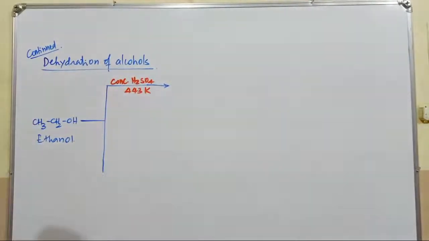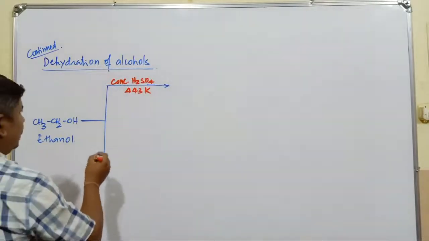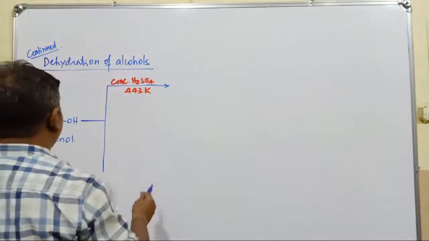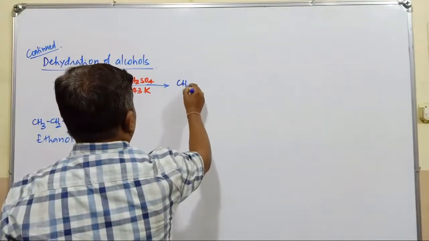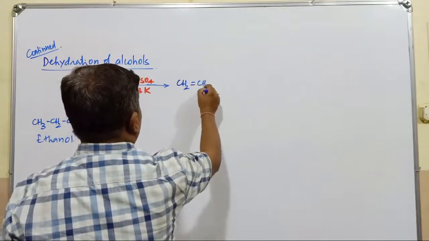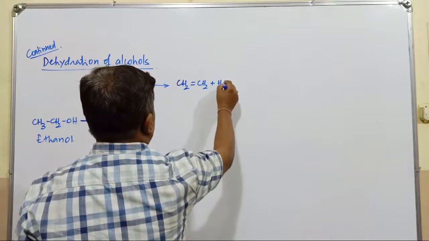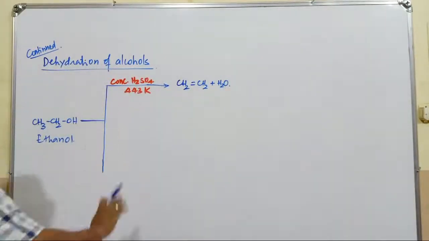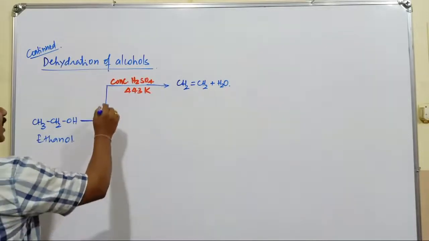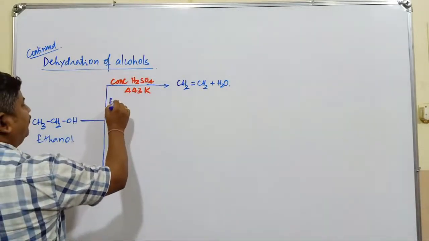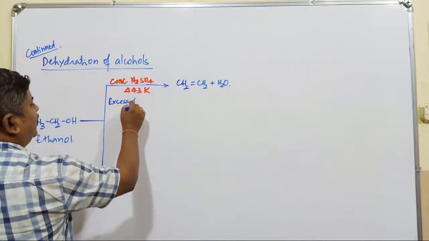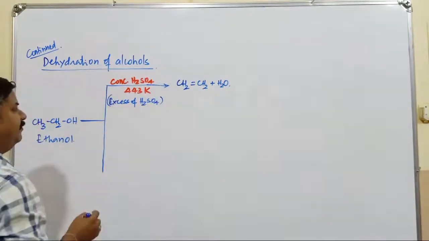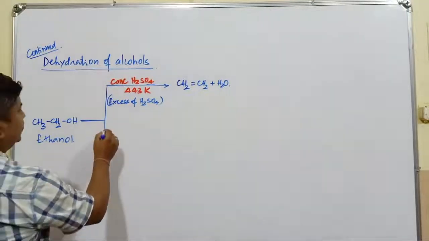We have discussed this already. The main product obtained in this dehydration is CH2=CH2 plus H2O, at a temperature of 443 Kelvin, and here excess of sulfuric acid is taken.